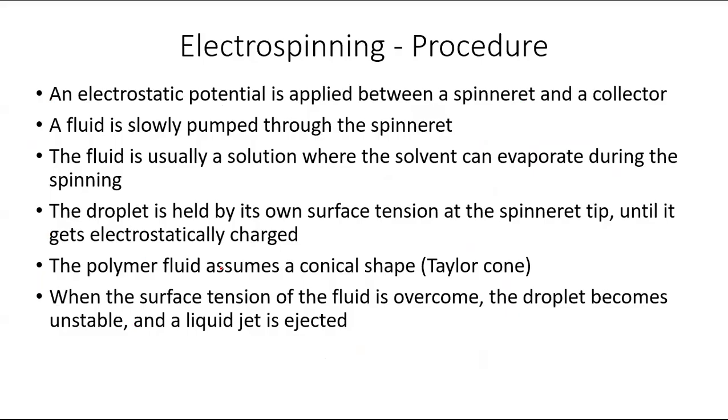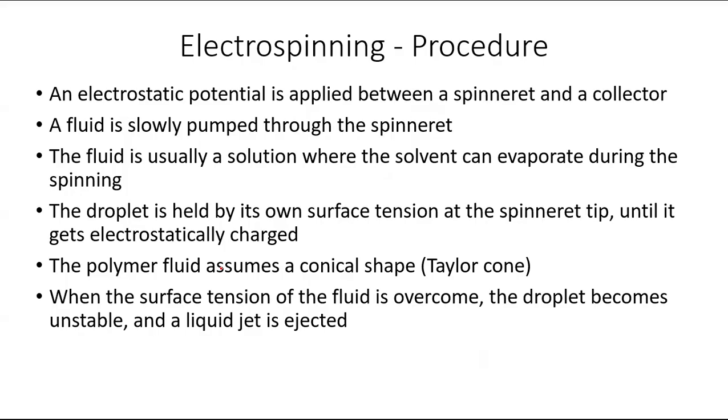So if you look at the electrospinning procedure, from the things I have just explained, it is very clear that we apply an electrostatic potential using a high voltage supply unit between the needle tip, which we call the spinneret, and the collector plate. This collector plate can be of different forms depending on the texture, shape, alignment or mesh size that we need in our spun electrofiber mat.